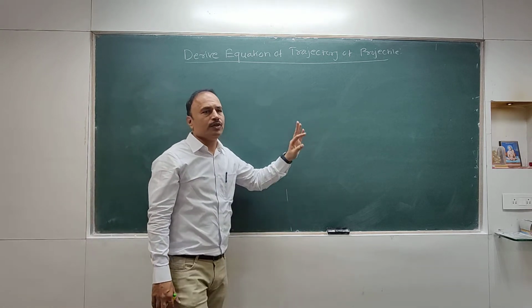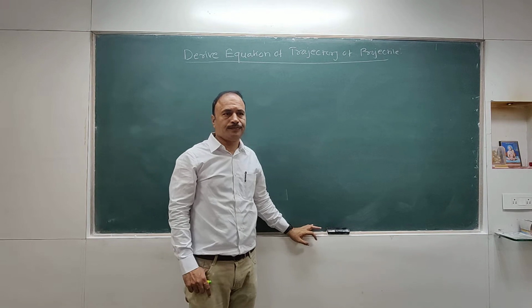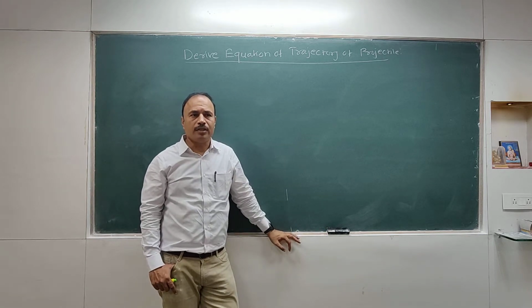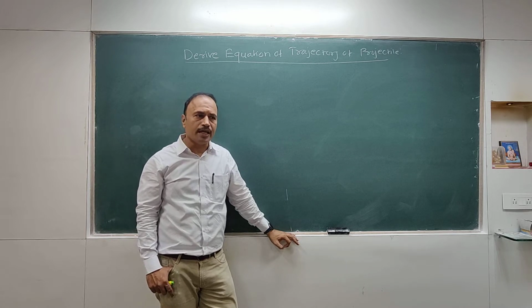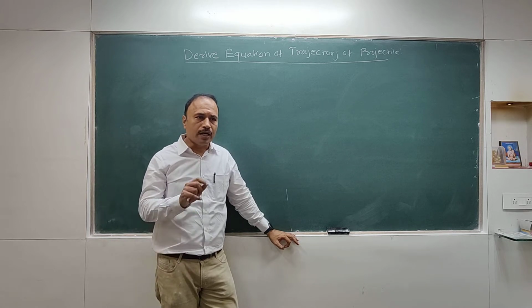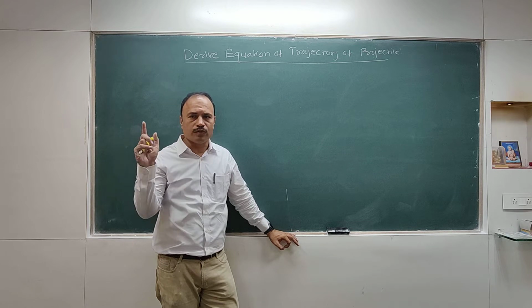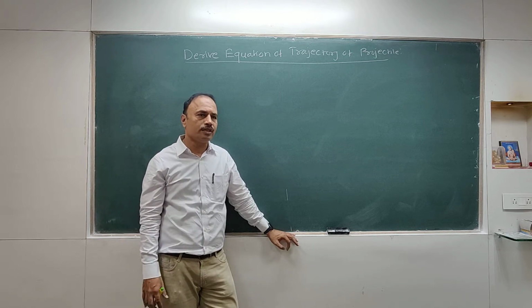So what is the meaning of a trajectory? The path along which a projectile moves in air and returns to ground is called a trajectory.